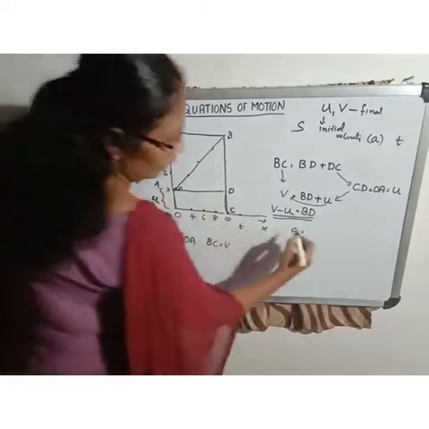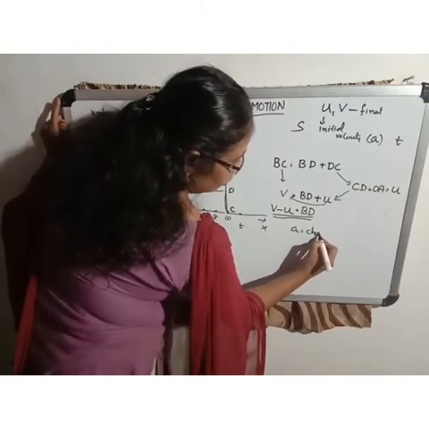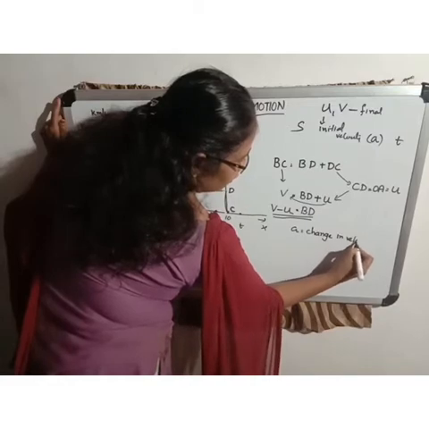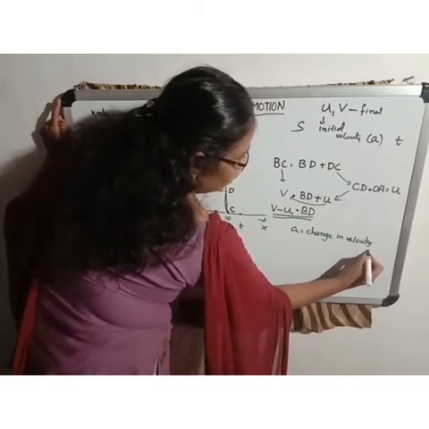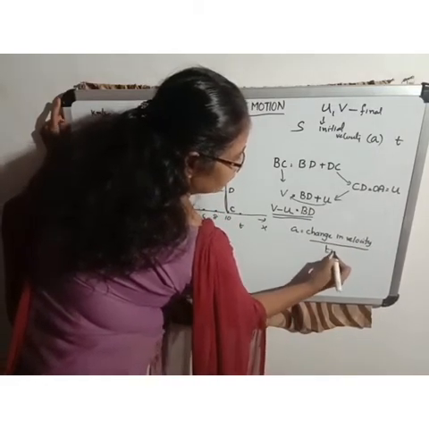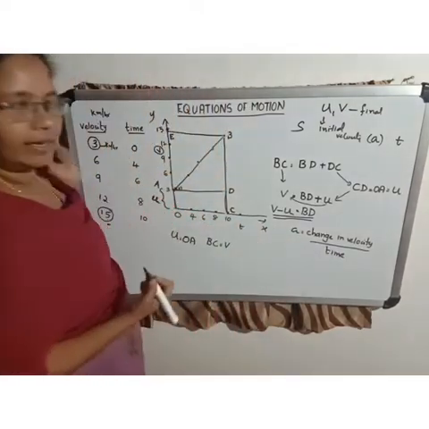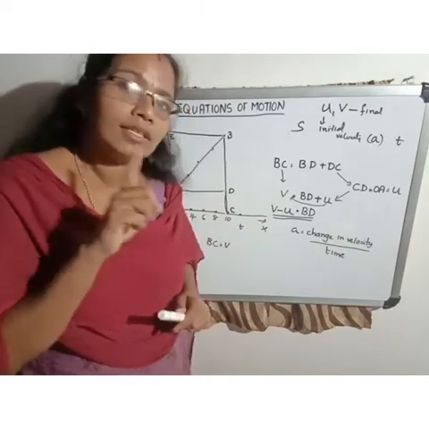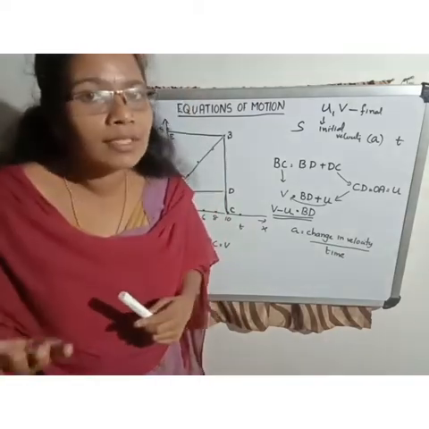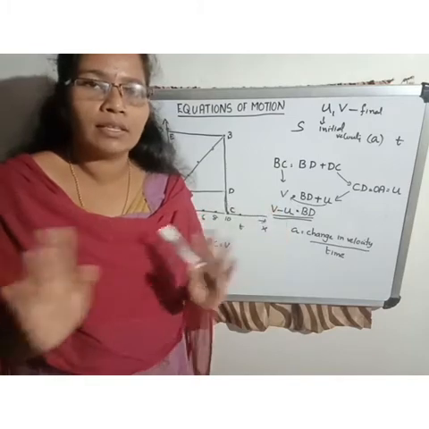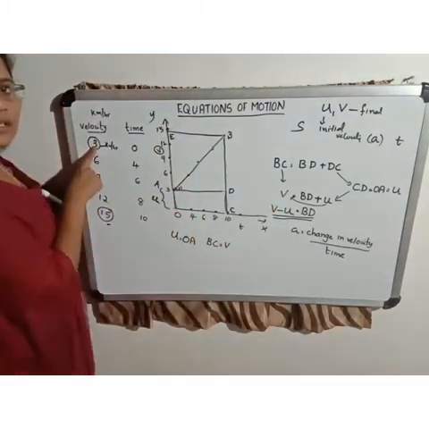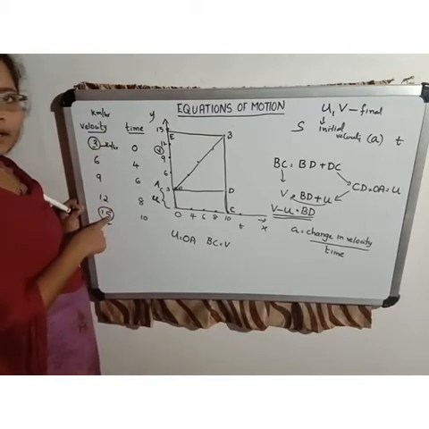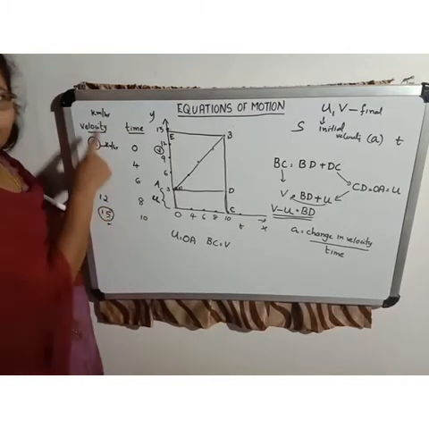So acceleration is change in velocity by time. If initial velocity is U and final velocity is V, what is the change in velocity? ആദ്യത്തെ velocity 3 ആണ്, final velocity 15 ആണ്. ഇതിലുള്ള change എന്ന് പറയുന്നത് 3 minus 15 or 15 minus 3.